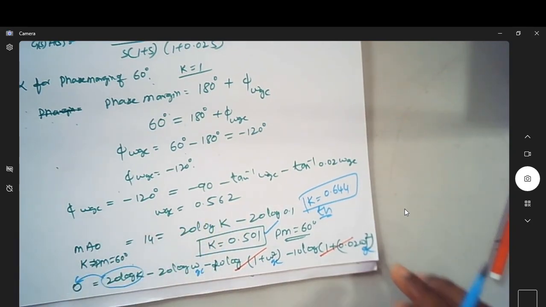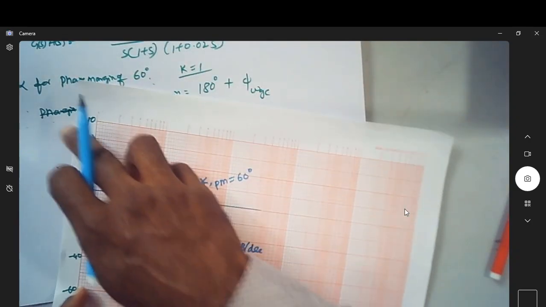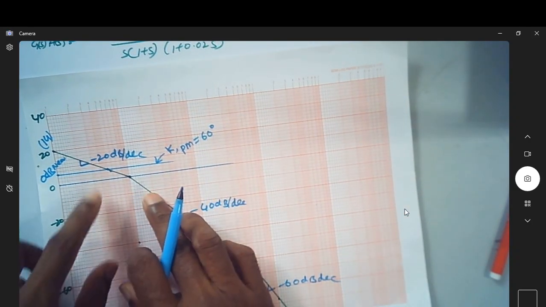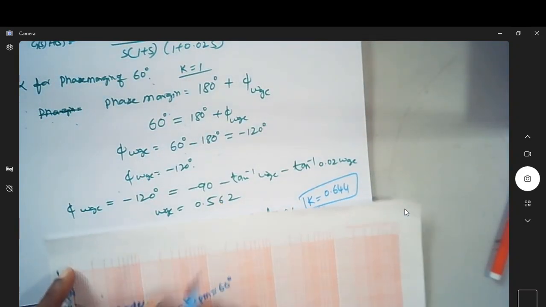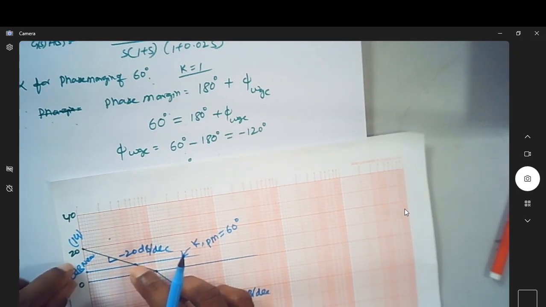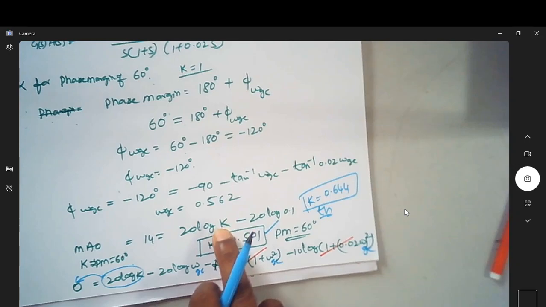And what you can do is plot this magnitude plot with K equal to 1 and identify 0.562 as the omega GC, try to shift this 0 dB line and try to know what is the magnitude origin. So once you know the magnitude origin, then all this stuff.